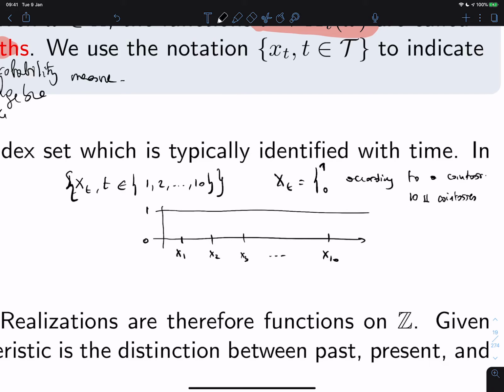Well, there are 2 to the power 10 possible outcomes, which we collect into the sample space Omega. The sigma algebra is just the collection of all possible parts of Omega, and the probability measure is just a uniform probability measure.